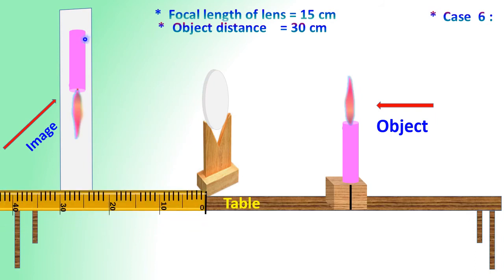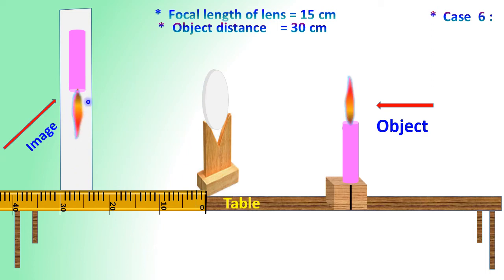Here the image has been formed at this position. Now if we measure its distance, this is 30 centimeters, you see here 30 centimeters. So here the object distance and image distance both are equal.